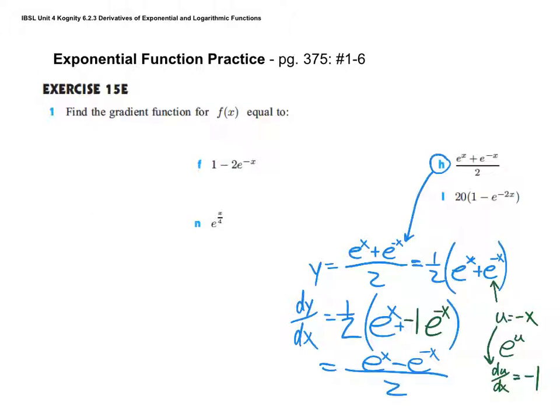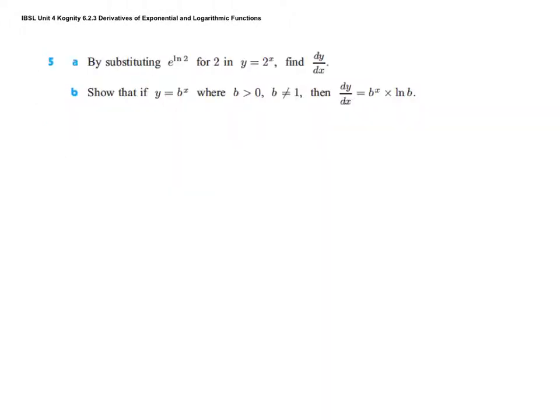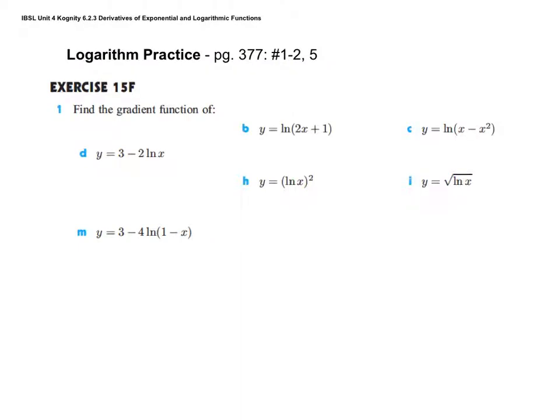Logarithm. Okay, let's check with a different one here. Let's do B. Using the notation that's in the rule at the beginning, we have ln of f of x, right?